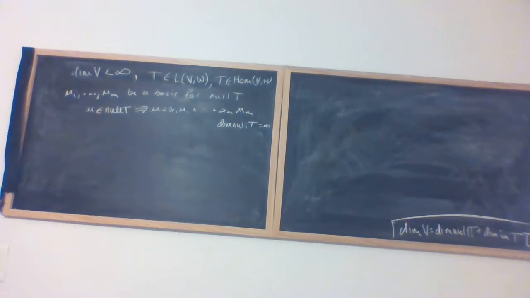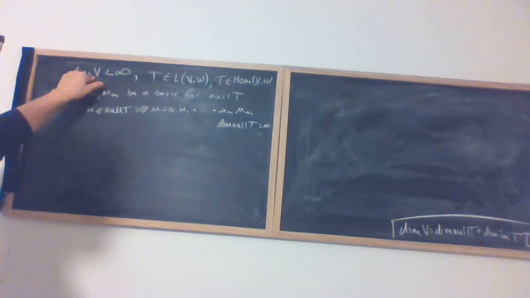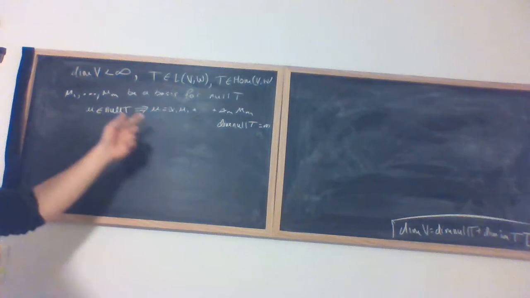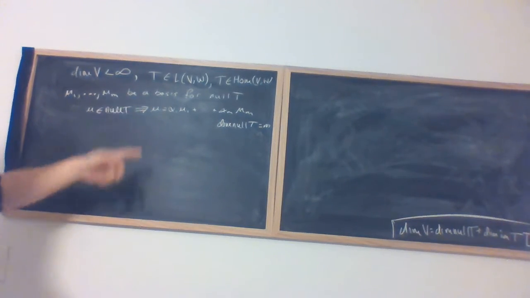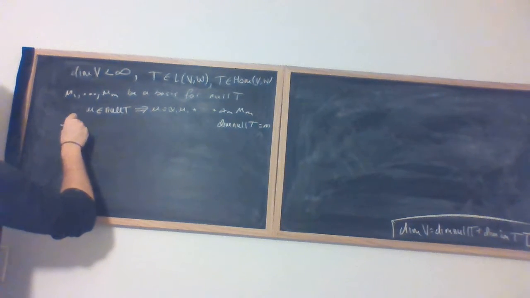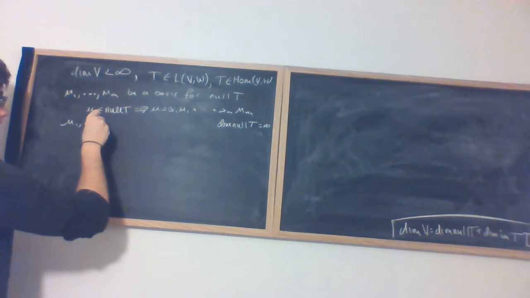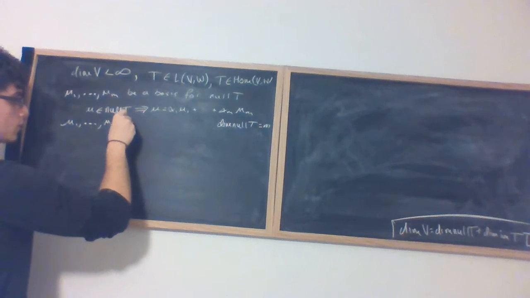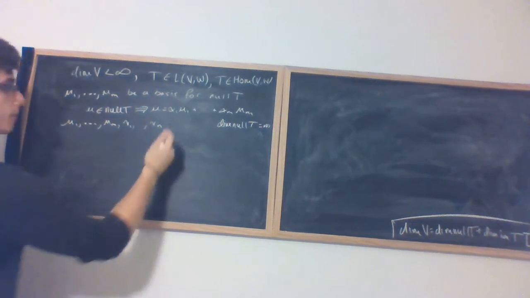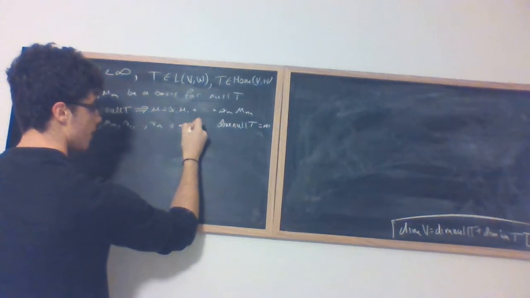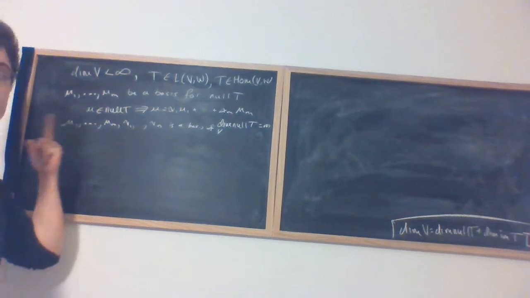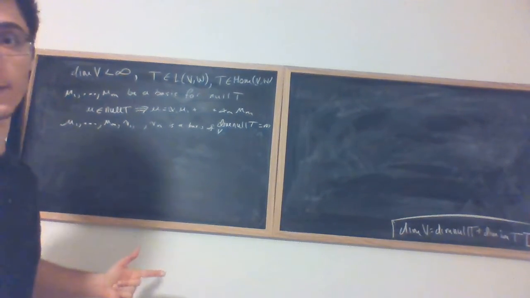Right. So now what can we do? V is finite dimensional. Why don't we extend this basis U1 up until UM to a basis of V? So we'll say we get U1 up until UM, and then V1 up until Vn is our basis extension, a basis of V. So by the same logic, it spans V and it is linearly independent.